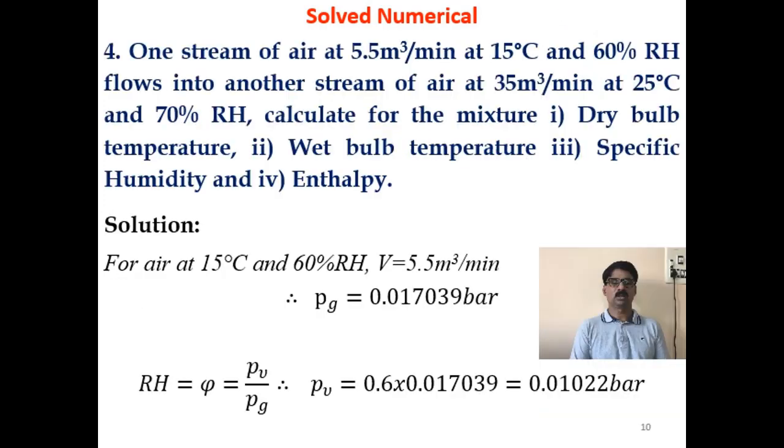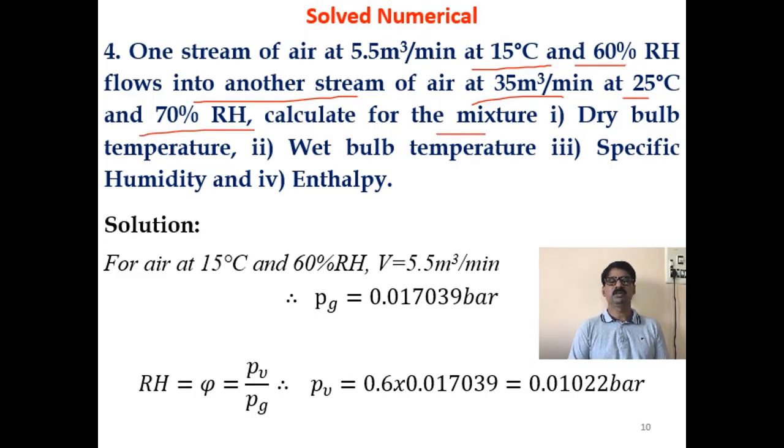Now let us solve one more problem, which is mixing of two streams of air. One stream of air at 5.5 meter cube per minute, at 15 degrees Celsius and 60% RH, flows into another stream of air at 35 meter cube per minute at 25 degrees Celsius and 70% RH.